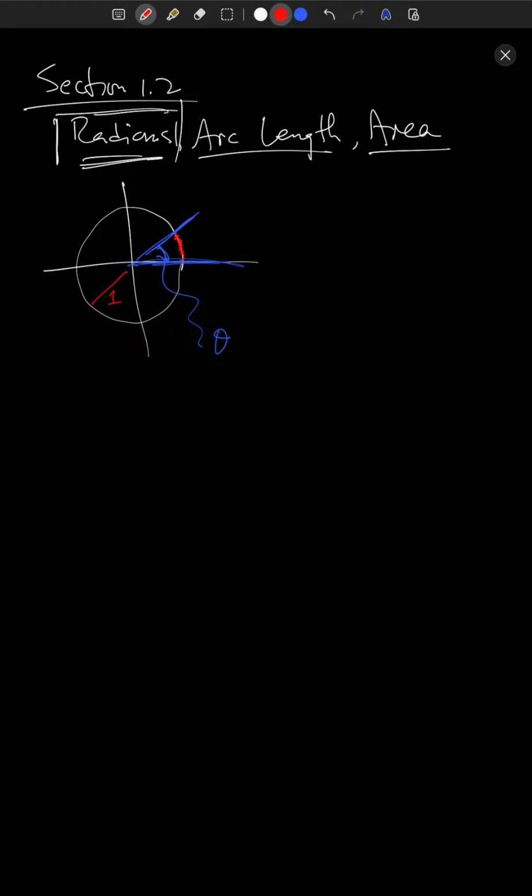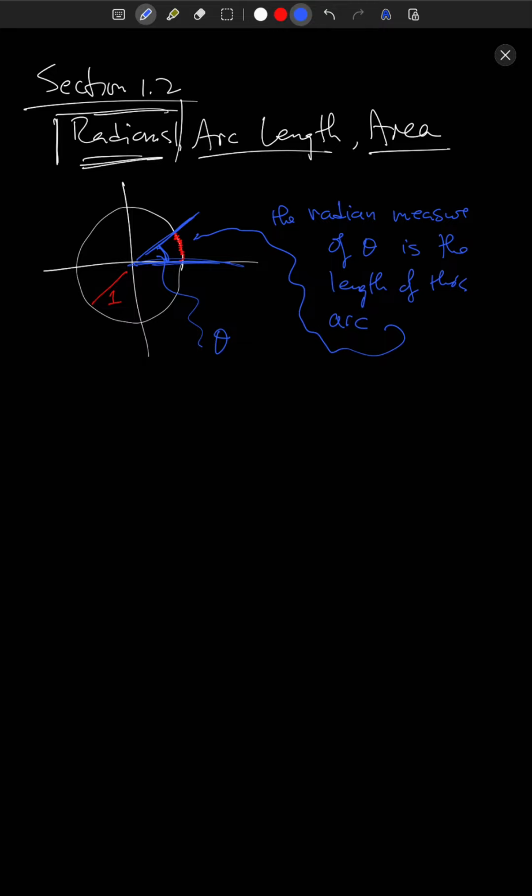So the radian measure of theta is the length of this arc right there.